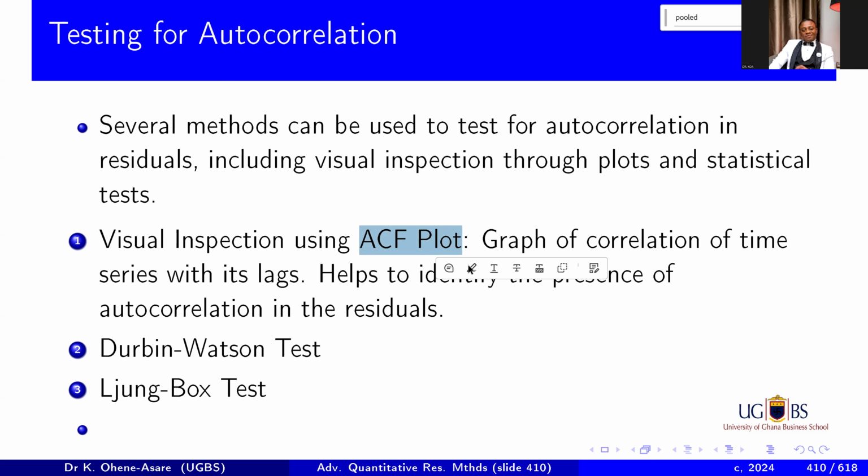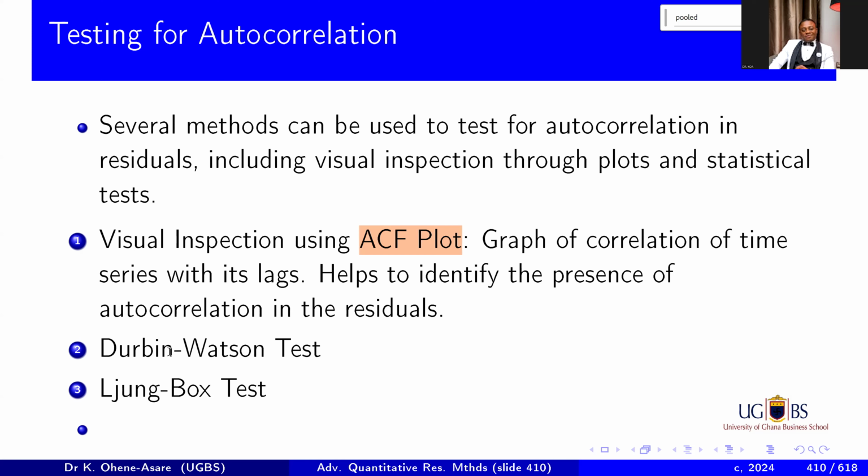You can use that to check the presence of autocorrelation. So this is where you are graphing the correlation of a time series with the lags of the time series. So you take the epsilon t, then t minus 1, then you plot all of them in the residuals.